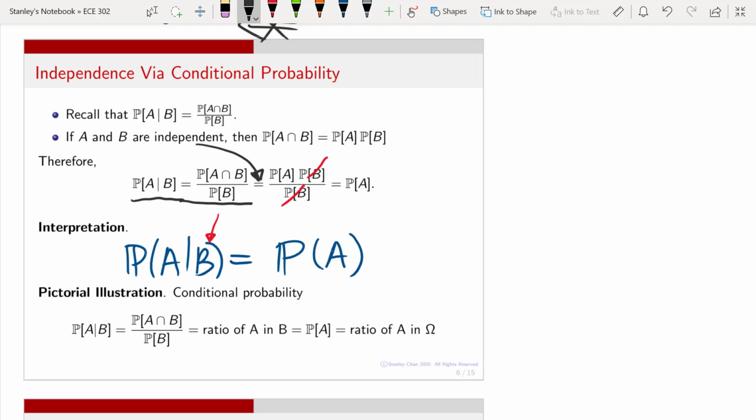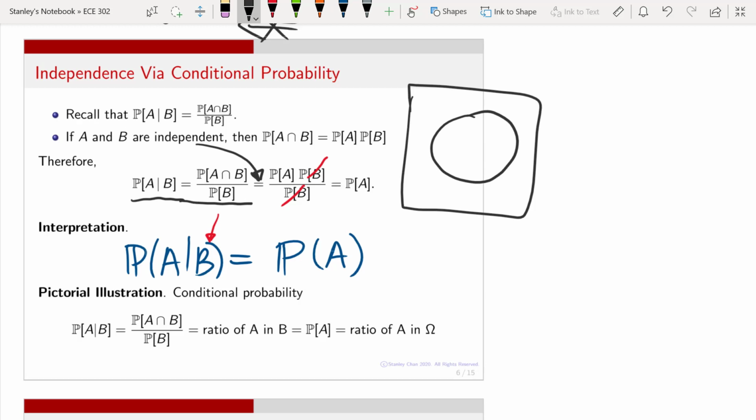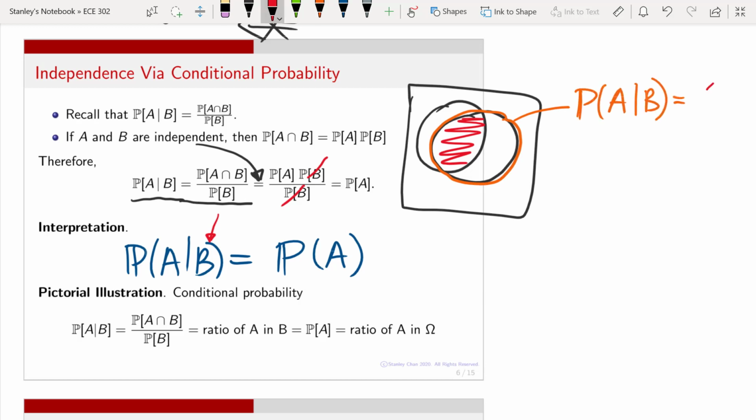And here is a very nice pictorial interpretation of independence. When you look at A given B, essentially you have this sample space, an event A, and an event B. You are looking at the intersection of A given B out of this B. So let's say this is your B. This is your ratio, the probability of A given B: the red divided by the orange.